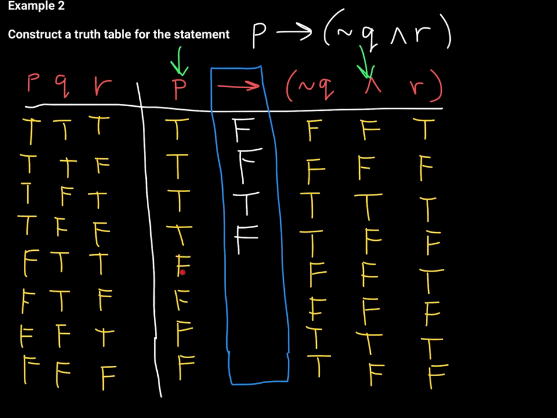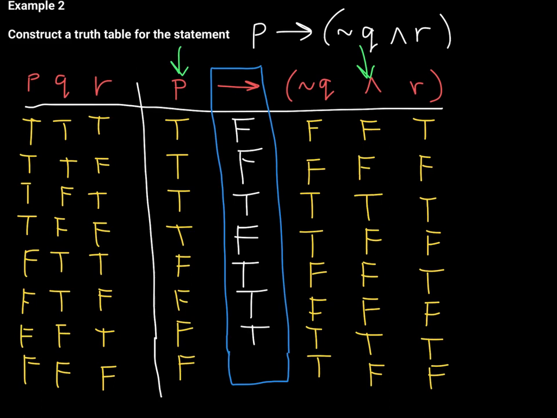Next, being careful here. False, false. Still true. Next, false, false. Still true. Remember, you only get something false when the antecedent is true and the consequent is false. False, true, so that's true.